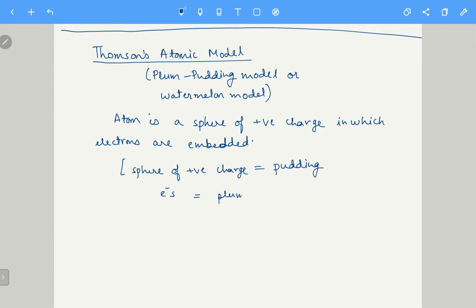Or we can say that the sphere of positive charge is the watermelon and the seeds of the watermelon are electrons in the watermelon. Okay? The sphere of positive charge is the watermelon, and seeds inside it are the electrons.